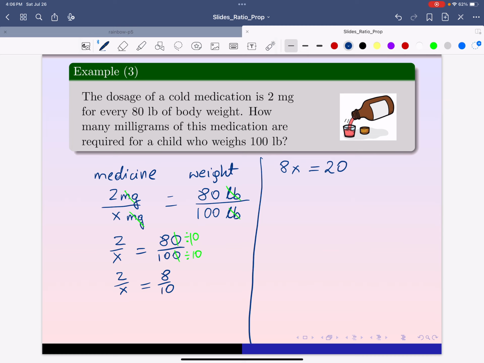We need to solve for x, so we divide by 8, 8 cancels out, and when we type in the calculator, x is equal to 20 divided by 8, which is 2.5. So how many milligrams of this medication are needed? 2.5 milligrams of that medication is needed.